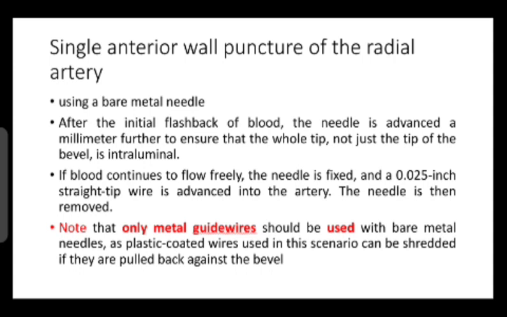If blood continues to flow freely, the needle is fixed and a 0.025 inch straight tip wire is advanced into the artery. The needle is then removed. Note that only metal guide wires should be used with bare metal needles, as plastic coated wires can be shredded if they are pulled back against the bevel.